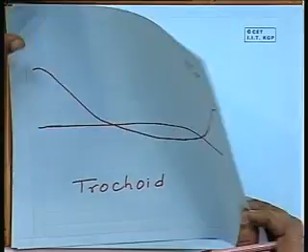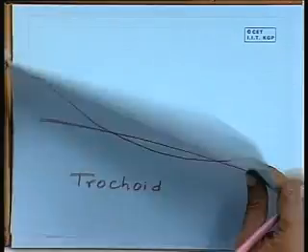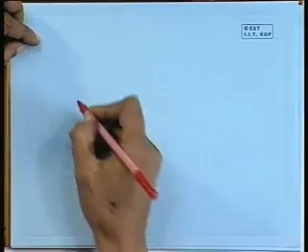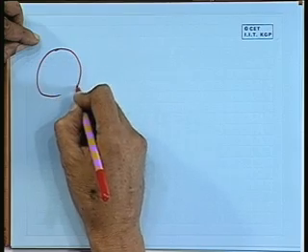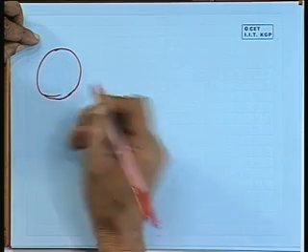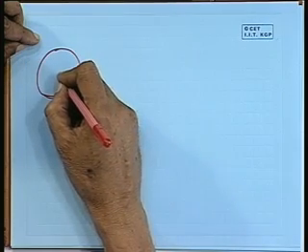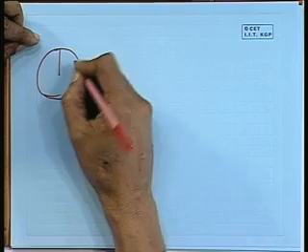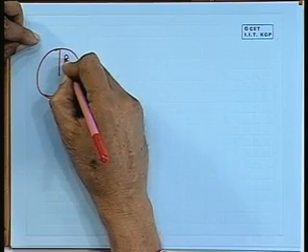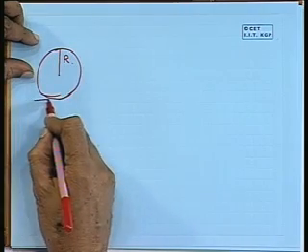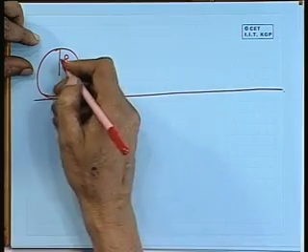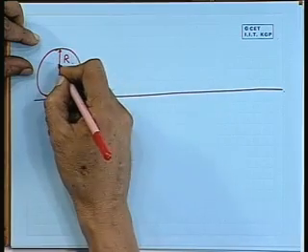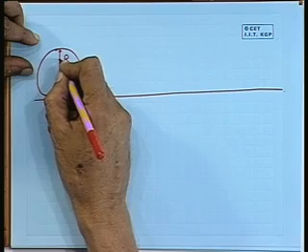Should I draw it on the same thing? You are taking a circle of radius r. This is the surface where you are trying to roll it, and on this r you take a point P somewhere here.